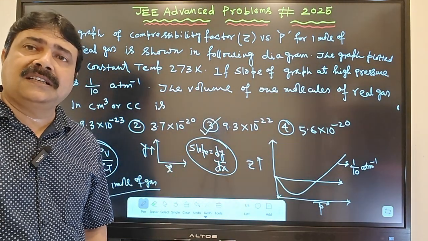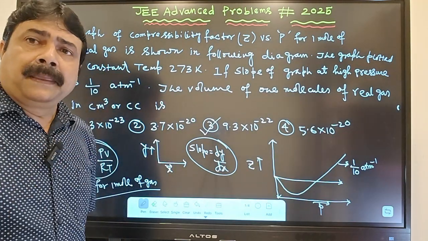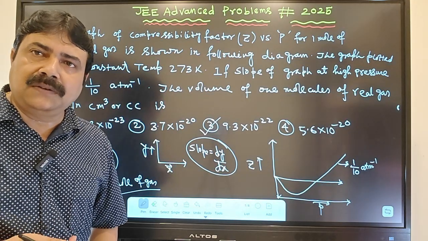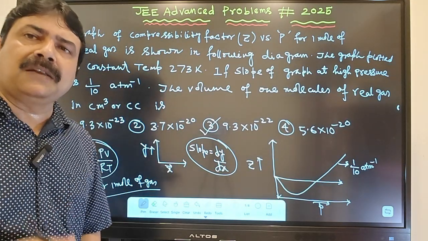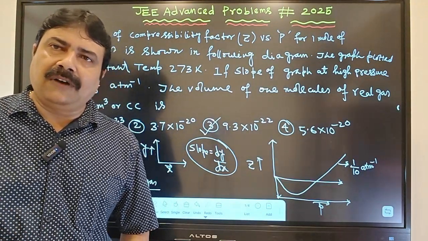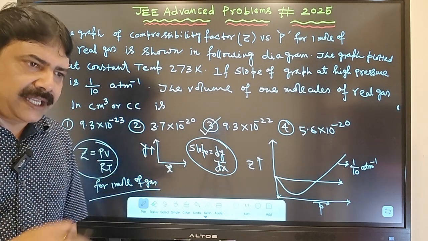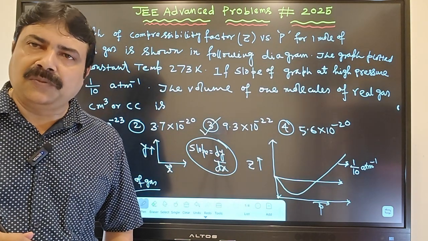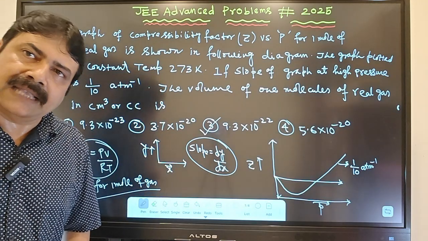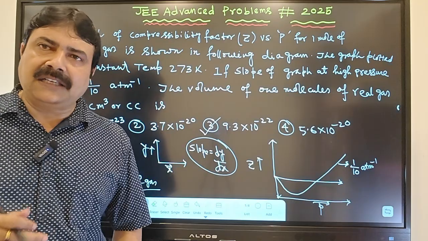I hope it is clear to everybody. Let me do the briefing again. First, we write down how to get the excluded volume b per mole of real gas, which is nothing but 4 into volume of one molecule into Avogadro number. That part I also explained very clearly. Then I took the van der Waals gas equation for 1 mole and applied the high pressure region, neglecting the attractive force.